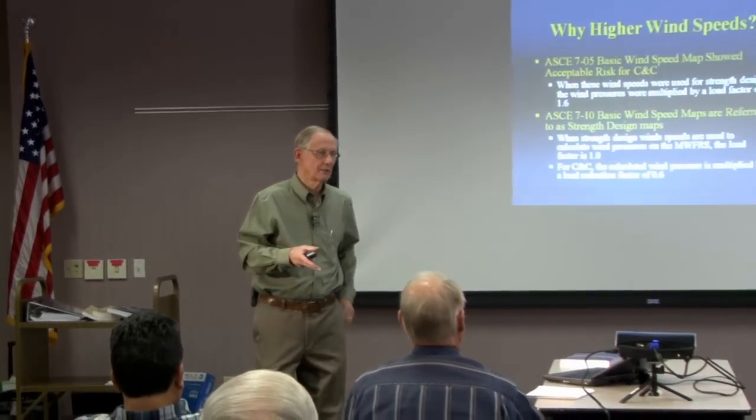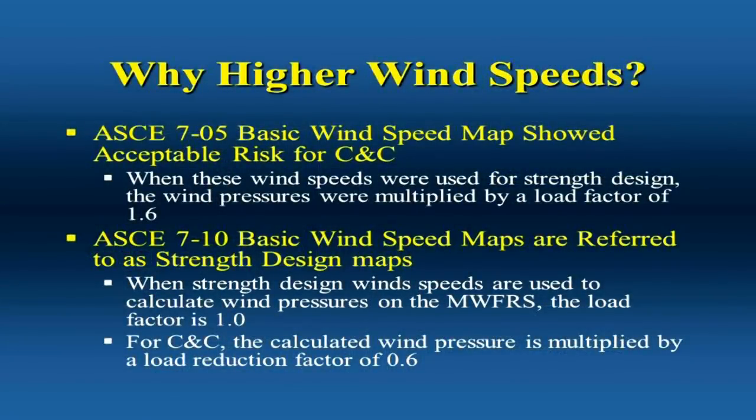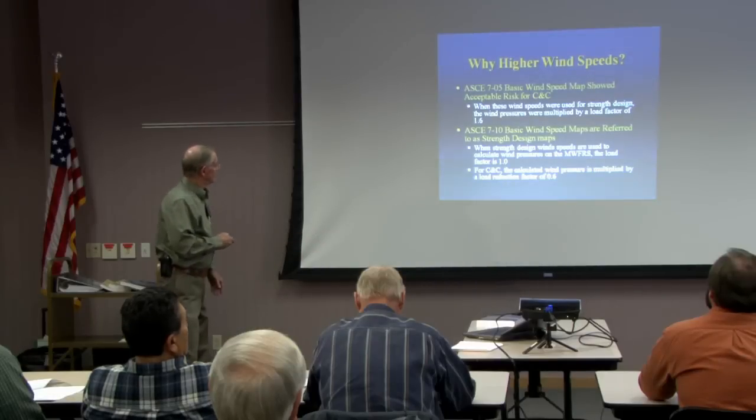This is probably one of the most important slides in this presentation, just to get your head around what is happening here. In ASCE 7-05, the basic wind speed map had a 50-year recurrence interval, and it was appropriate risk for components and cladding. These are things adhered to a structural element that is not going to fail.